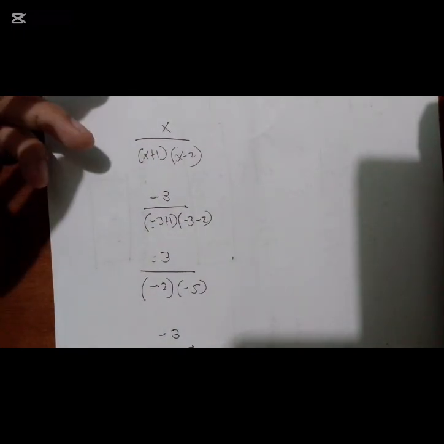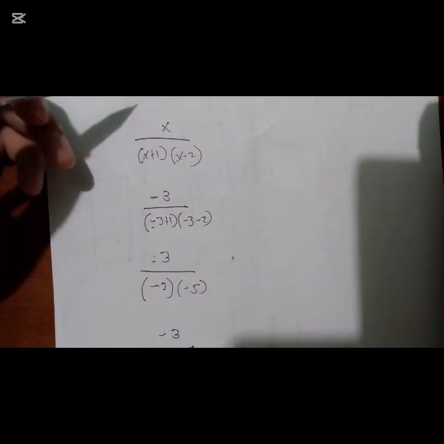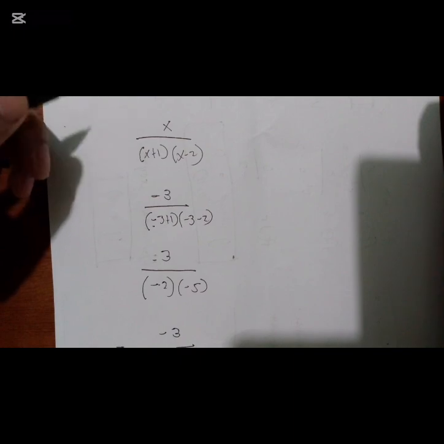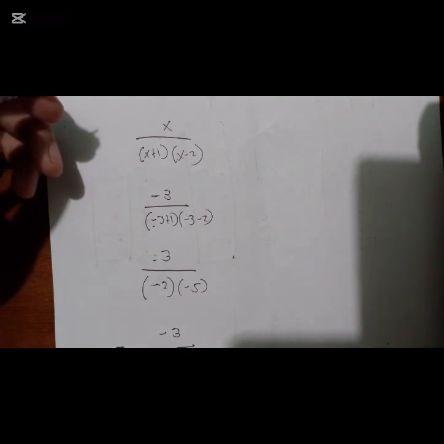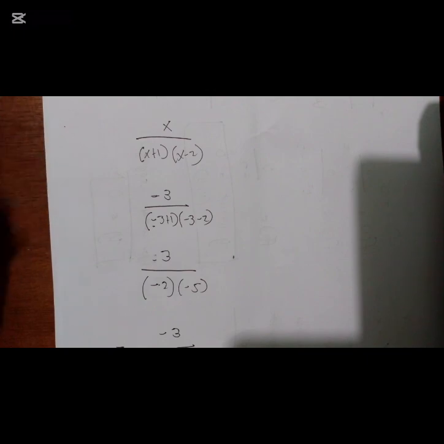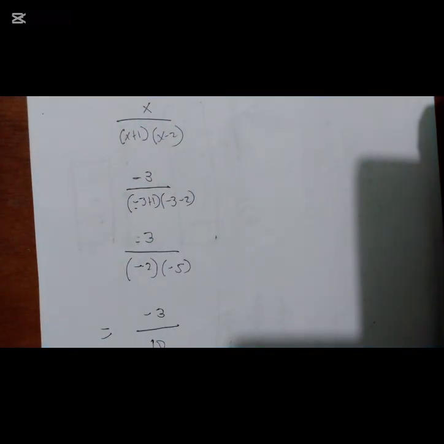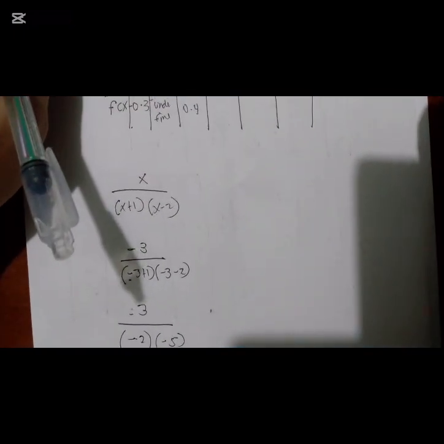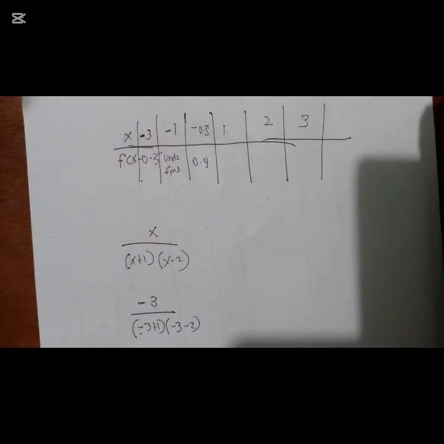And then if we input negative 1, it will be undefined because our vertical asymptotes are x equals negative 1 and x equals 2. If we input negative 1, the value will be undefined.